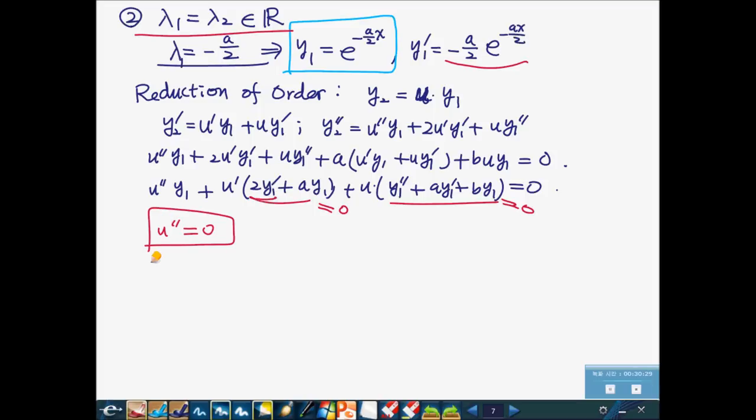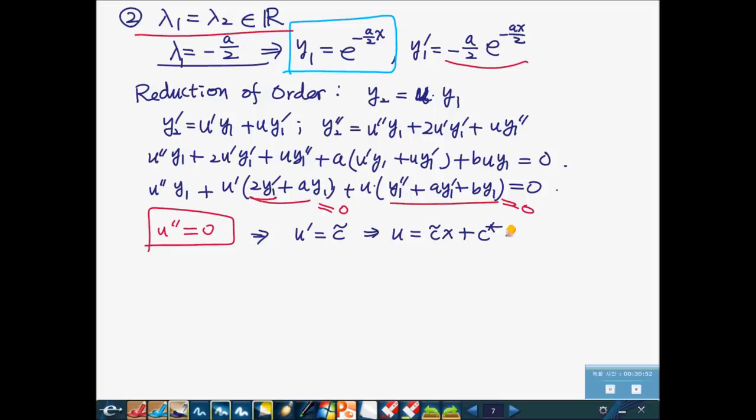Then, wow, we are lucky to have this relationship only. U double prime is 0, and we are simply integrating up. So u prime is c, an integral constant. I'm going to write it to help you better understand. And u is cx plus c star.